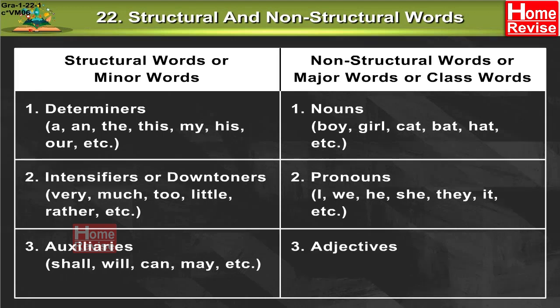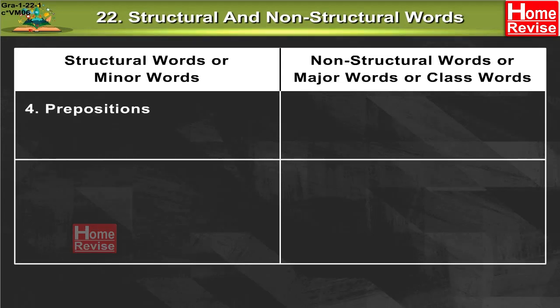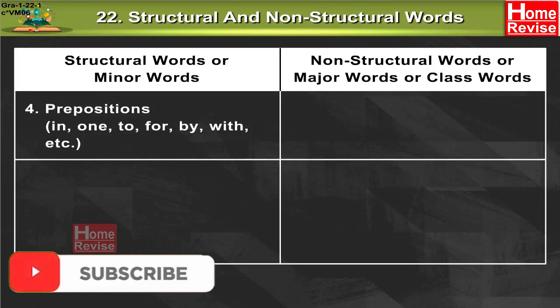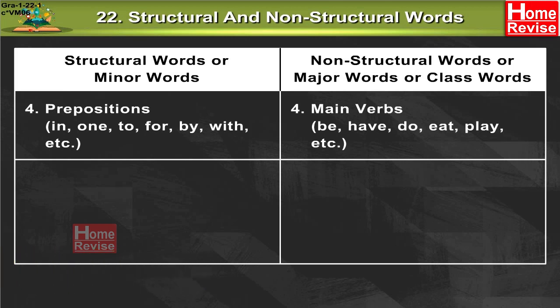3. Adjectives: good, bad, brave, weak, etc. 4. Prepositions: in, on, to, for, by, with, etc. 4. Main verbs: be, have, do, eat, play, etc. 5.